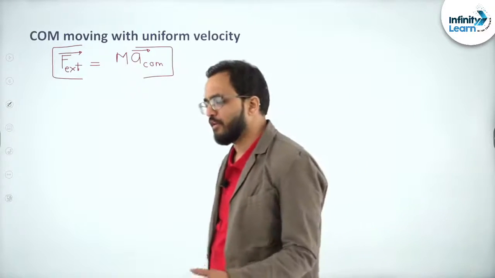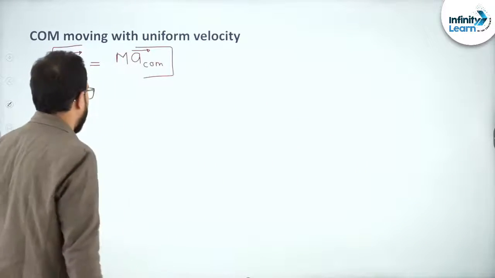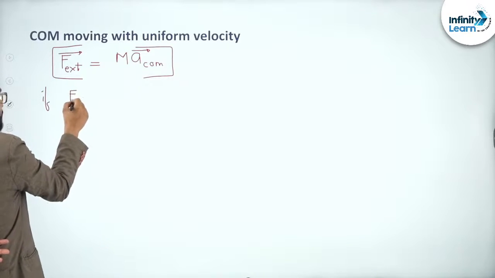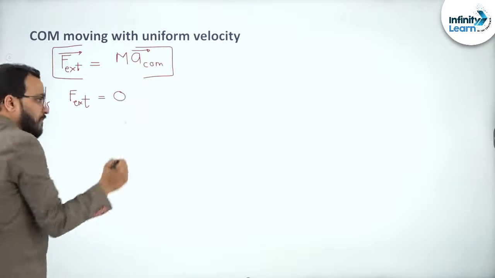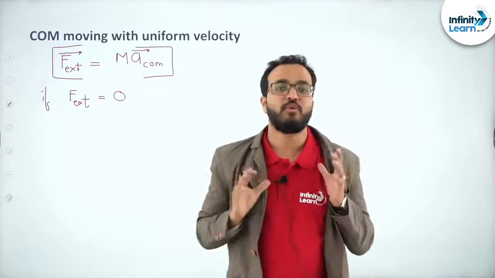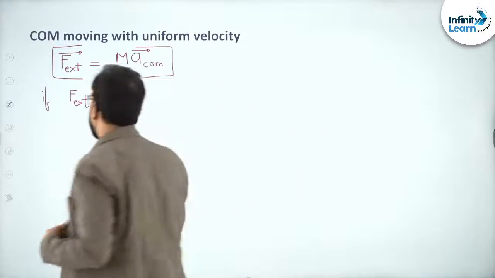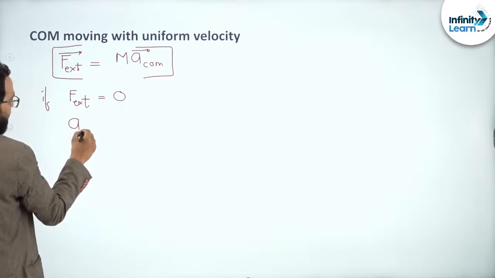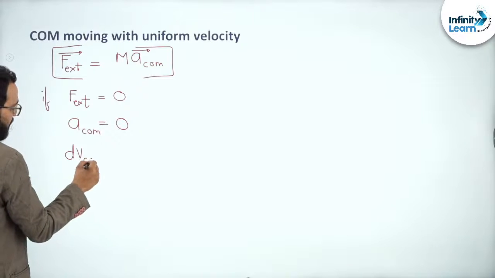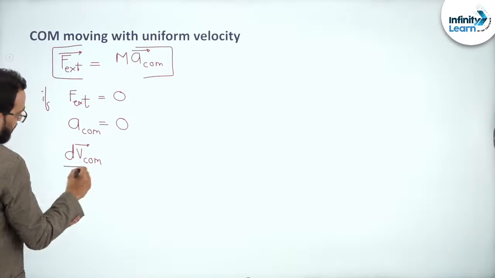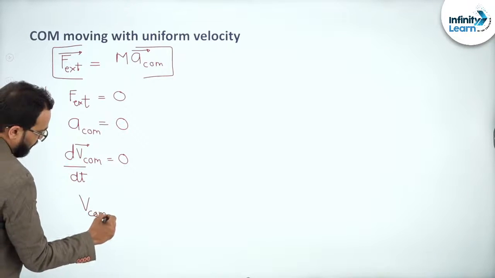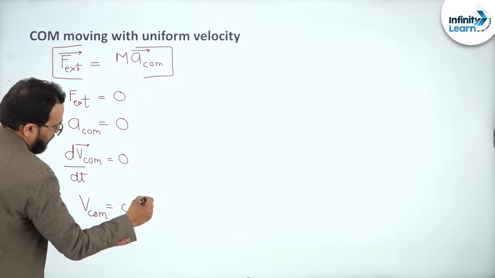Now let's understand what is the meaning of not changing velocity. Try to understand this, students. Suppose in a system there is no external force, then I can pretty much confidently say that the acceleration of the center of mass will be 0, which means the velocity of the center of mass will be constant, because the derivative of a constant is always 0.